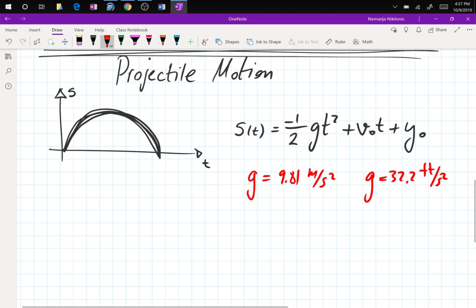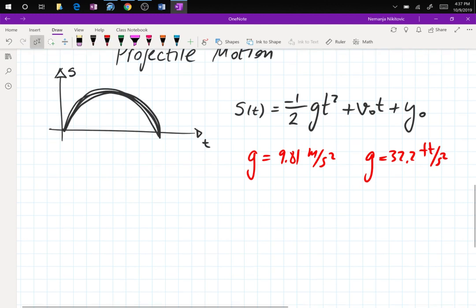So now we have these constants, and we are ready to talk about the velocity. Velocity with respect to time is going to be the derivative of the position function. So now we know how to take the derivative.